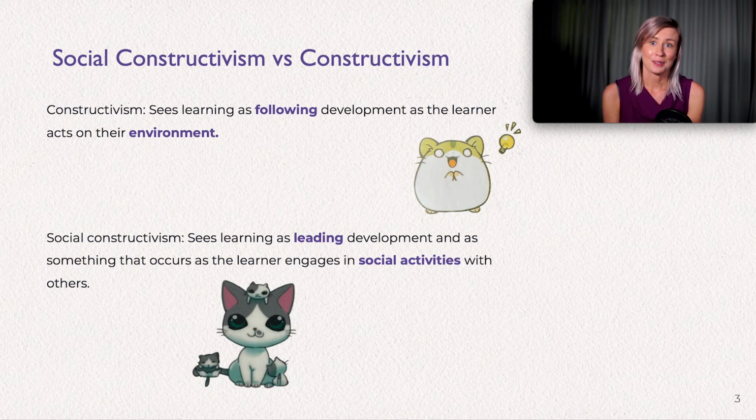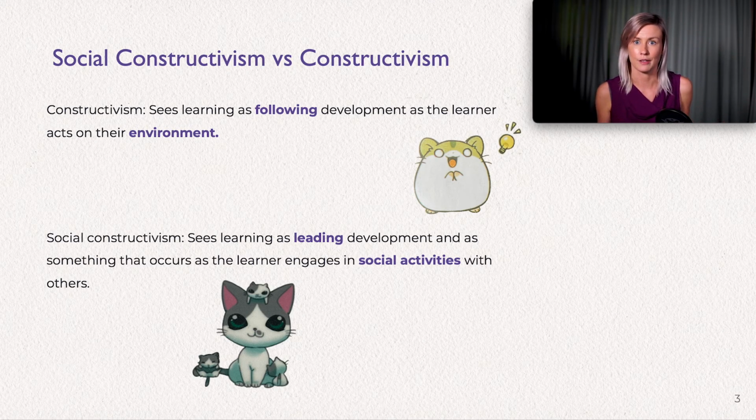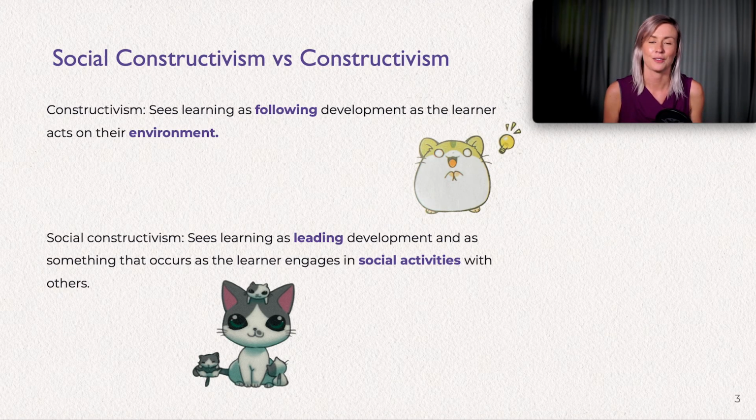Social constructivism has a base in constructivism, but there are some clear differences. Constructivism sees learning as following development as the learner acts on their environment. So first we develop to a certain stage, like biologically, and then we can learn as we act on the environment.